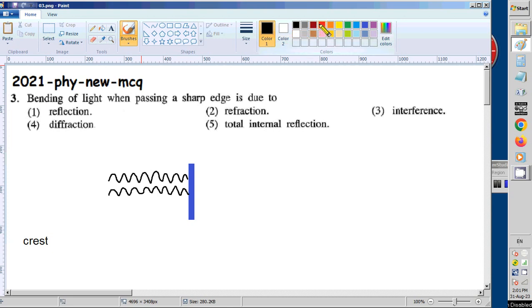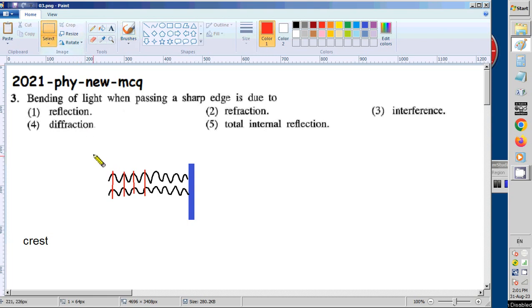You know these maximum amplitude points are called crests. We can draw a line to join these crests like this, and the next one like this, and the next. These lines are called wave fronts.